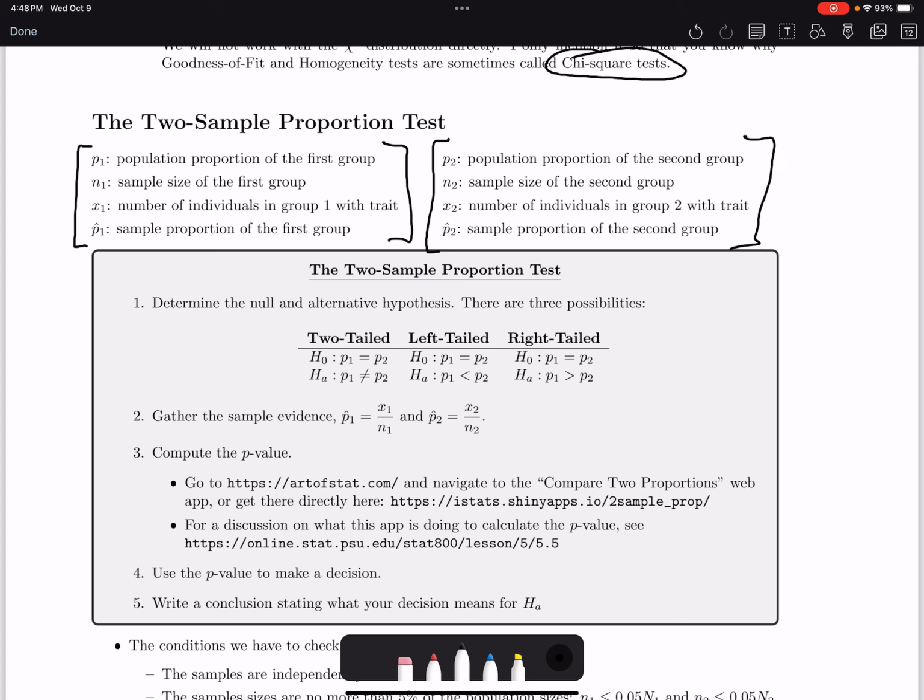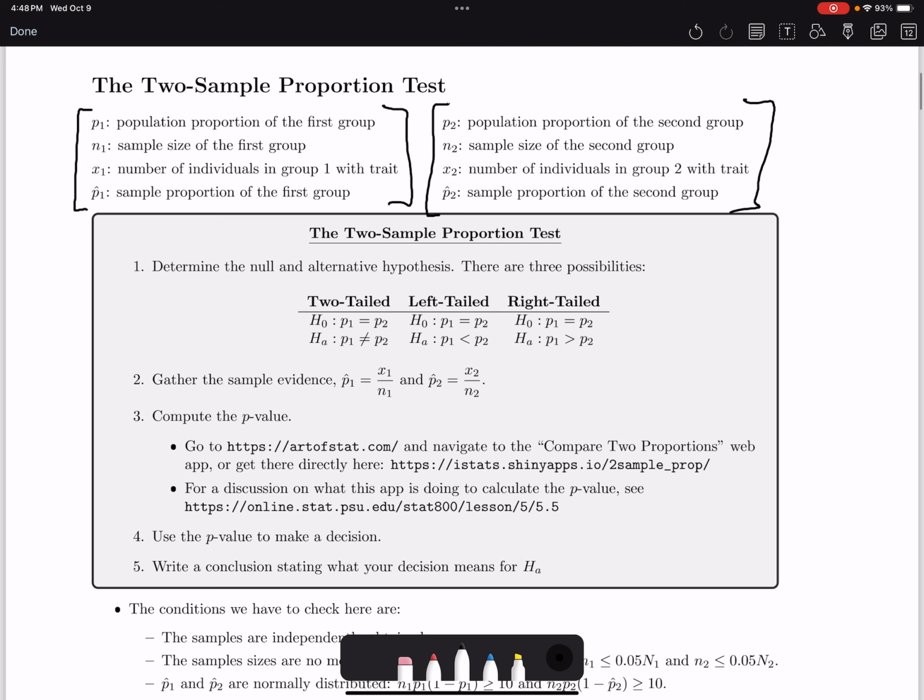But otherwise, these symbols all mean the same thing as they have before, right? So P1 is the population proportion of group 1, and N1 is the sample size of group 1, and so forth. N2 would be the sample size of group 2, and so on and so forth. Okay, this is what a two sample proportion test looks like.